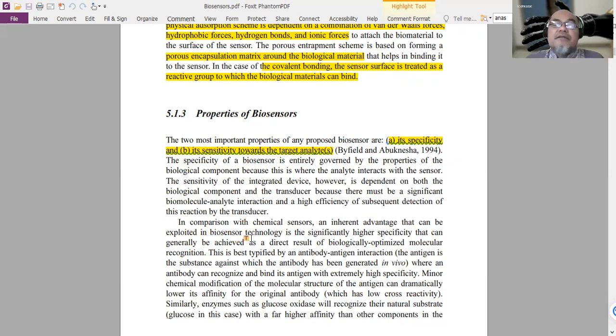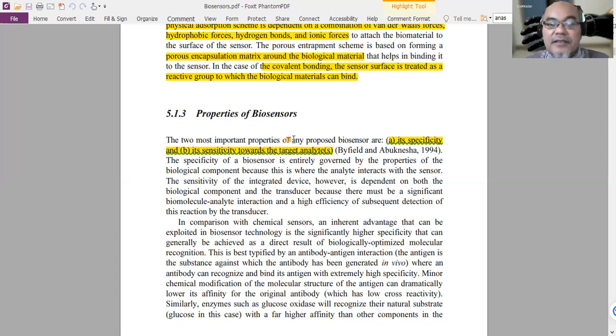At the moment the recognition reaction occurs between the bioelement and the corresponding analyte, that physicochemical change can be directly detected or measured by the transducer, because the bioelement is attached to the transducer using the 4 immobilization methods that we have just discussed.